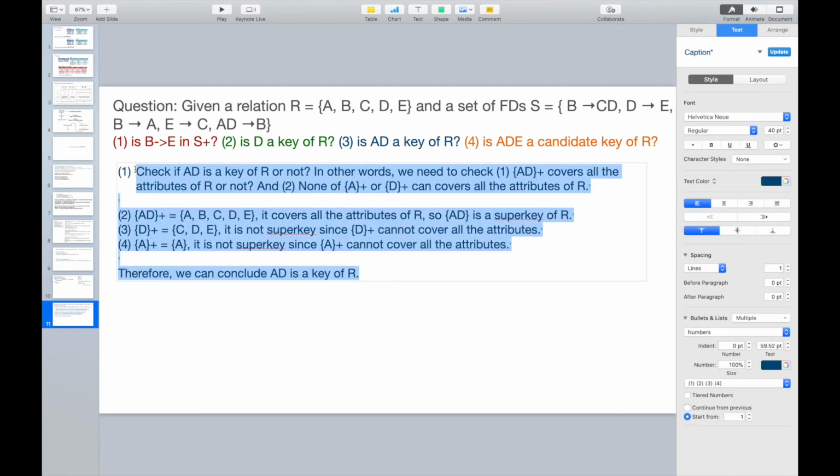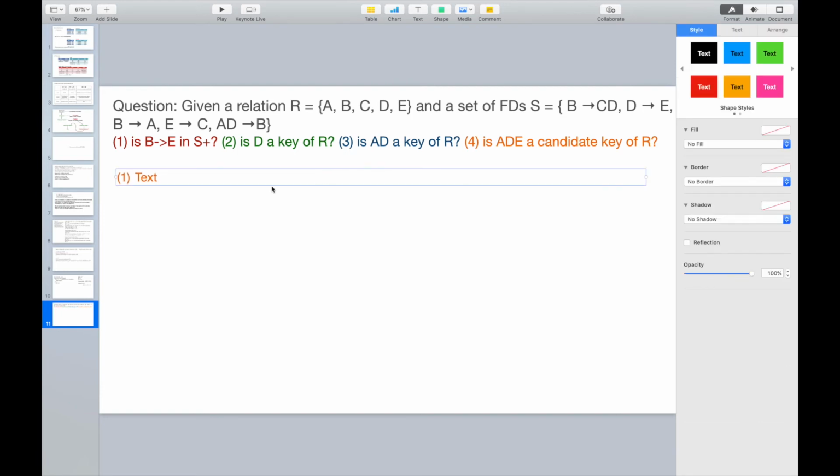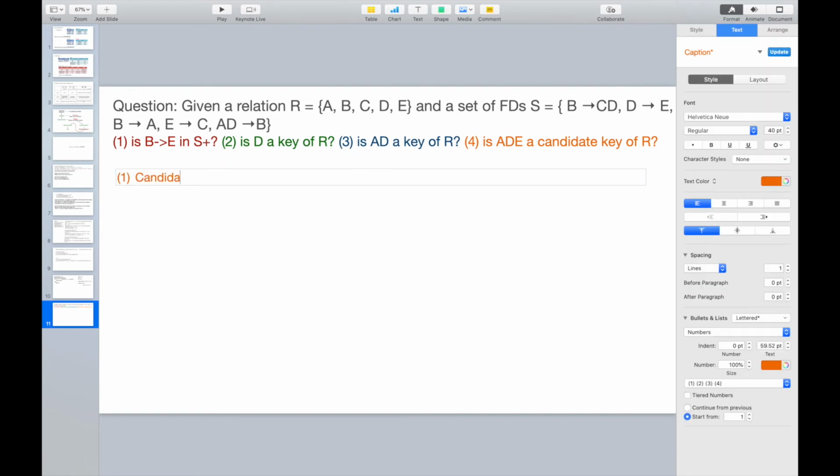This one should be very easy to answer. So first of all, I need to clarify what is a candidate key, right? Candidate key is just equals to key candidates. It is a key, right? It is a potential option to serve as a key.